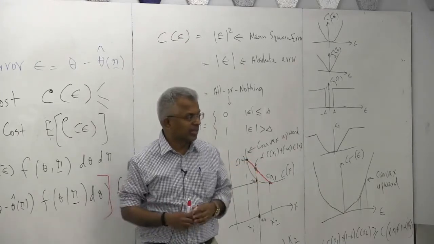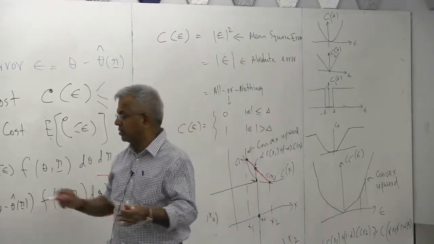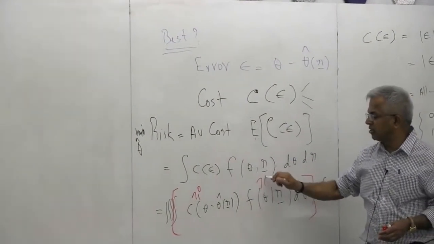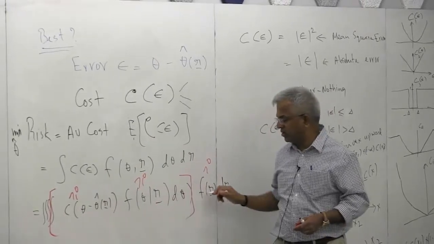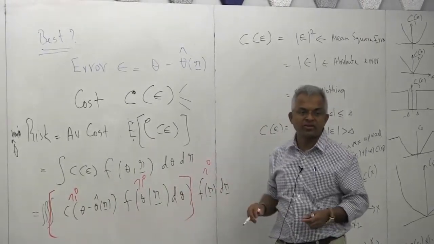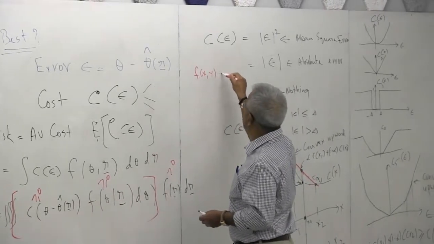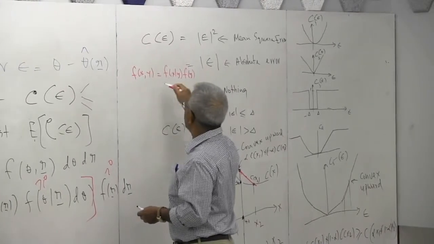You are not minimizing anything. So C is generally taken to be non-negative. Any density function is non-negative. Of course, this is also non-negative. Here what I have done is use the conditional definition: the joint density function of x comma y can be written as f of x given y multiplied by f of y.